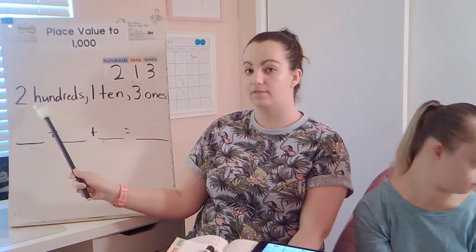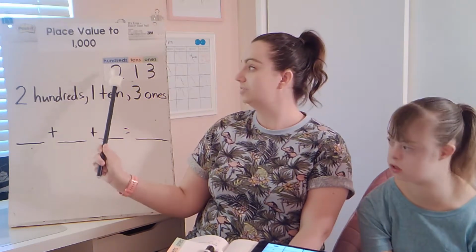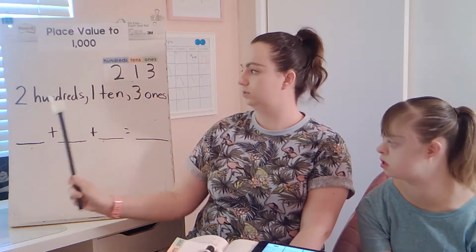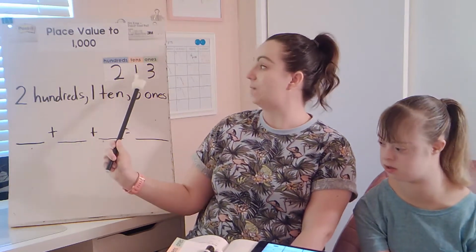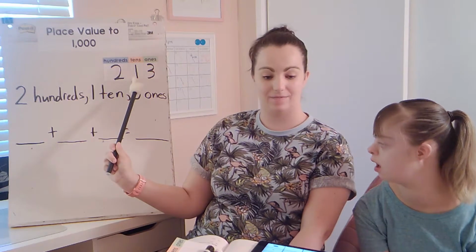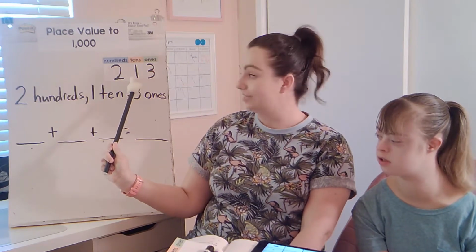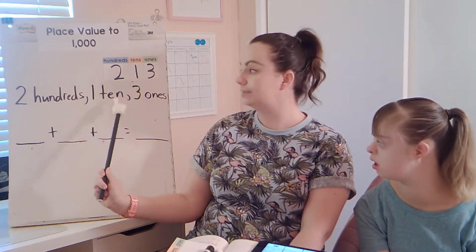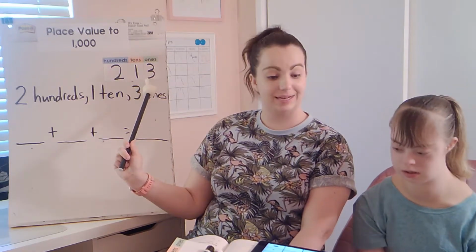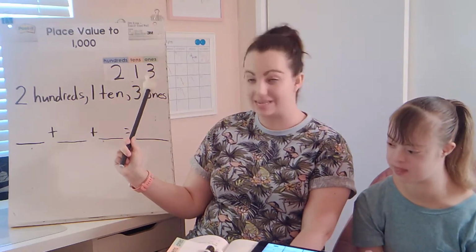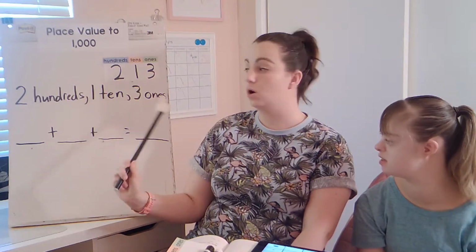Here it says 200. Then Kaylee, how many tens does it say we have? 1. So that's why they wrote 10 here. And finally, how many ones are there, Kaylee? 3. Yes, that's why they wrote 3 ones.